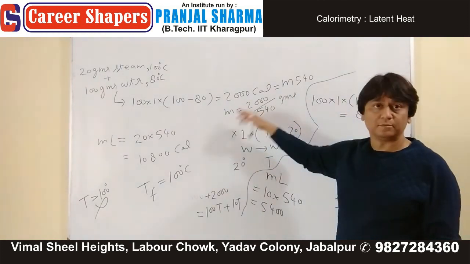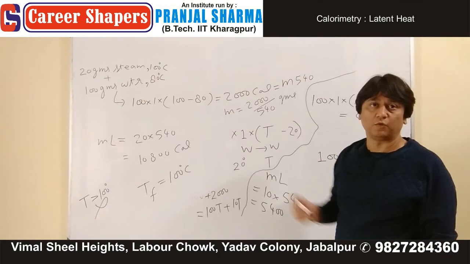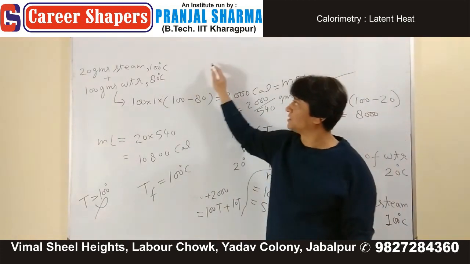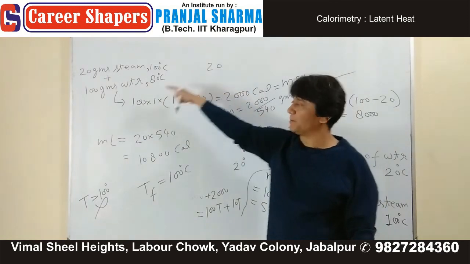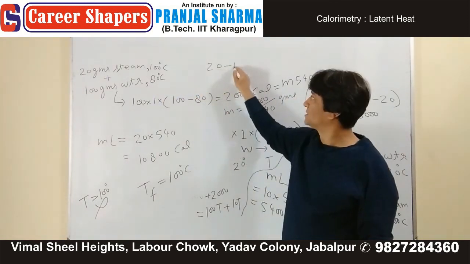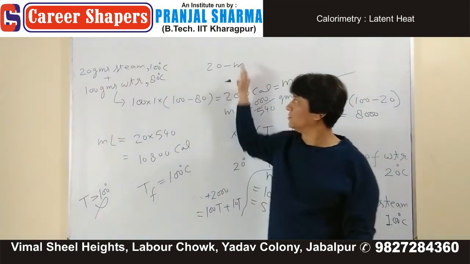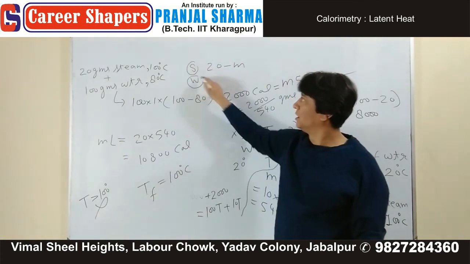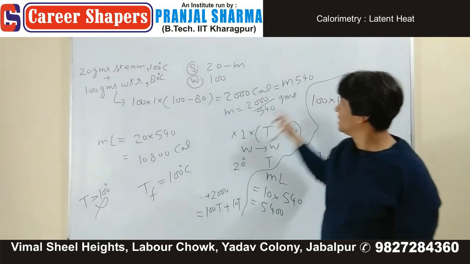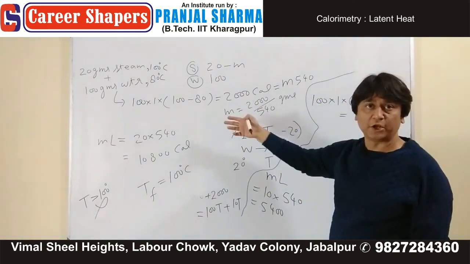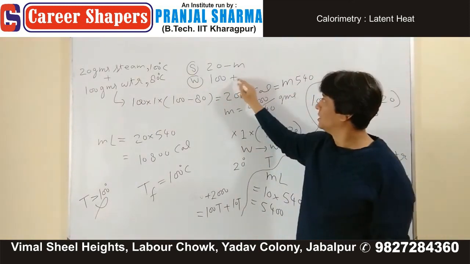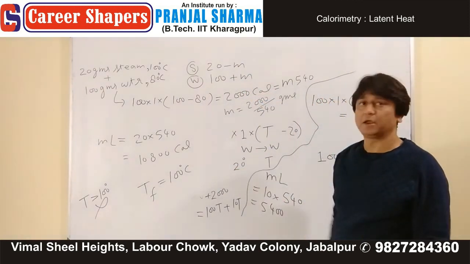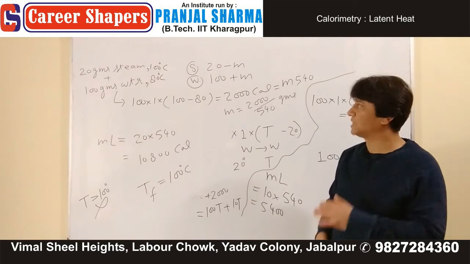What is this M? जो steam पानी बन चुकी है, water. So how much steam is finally present? 20 थी तुम्हारे पास, minus n कर देना. This is steam. How much water is present? You had 100, and additionally you get after the condensation, plus n. What is the final temperature? This is coming 100 degrees Celsius only.